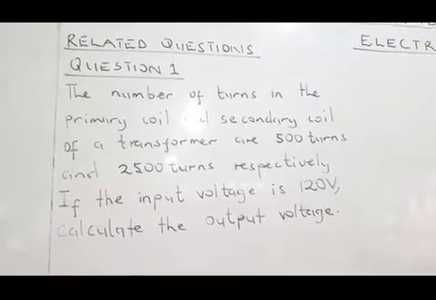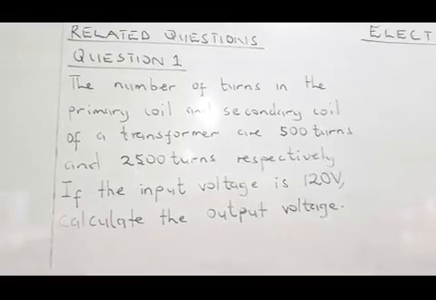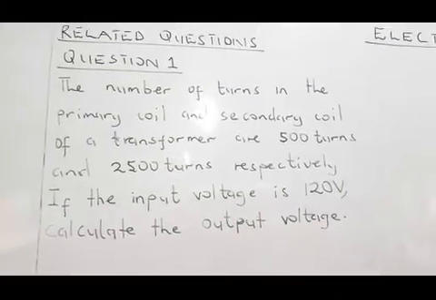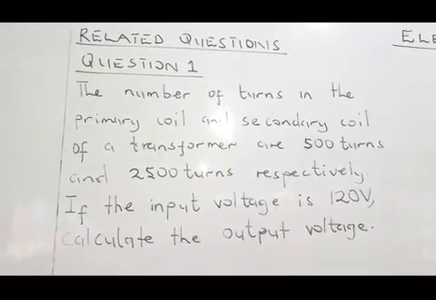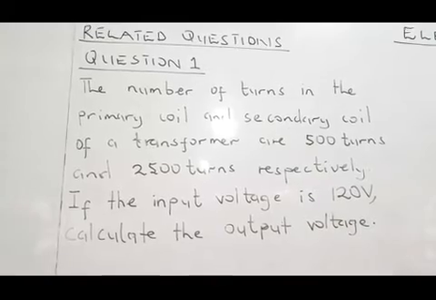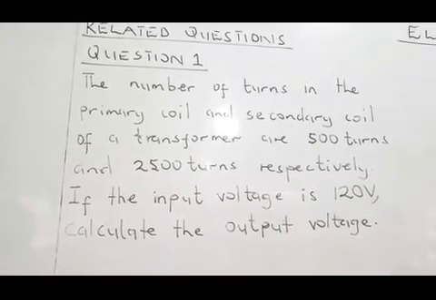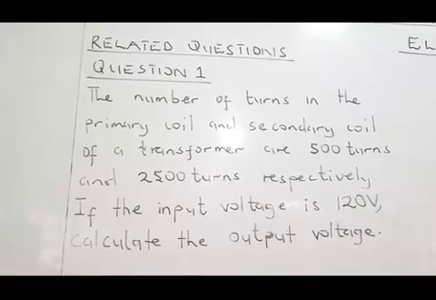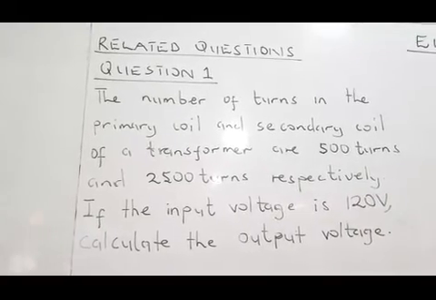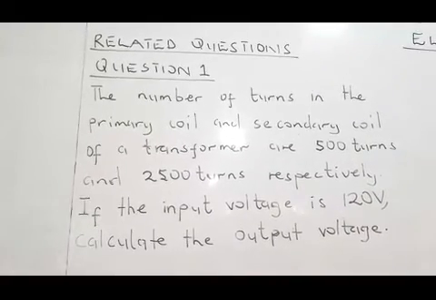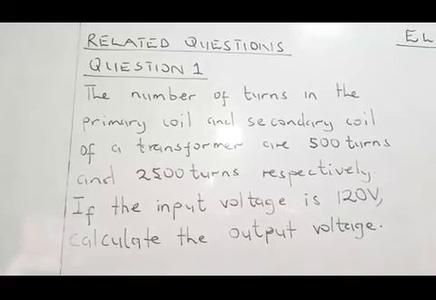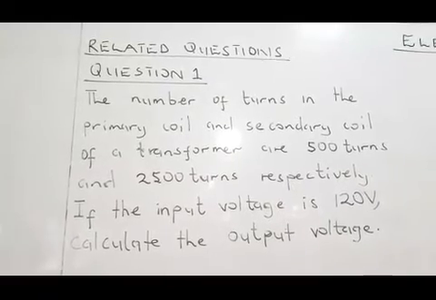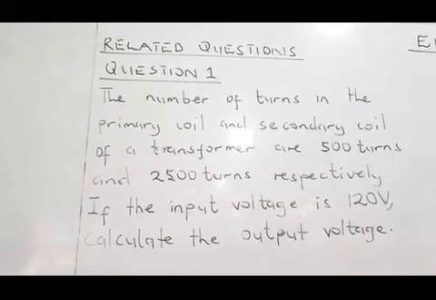Okay, so we're going to start looking at related questions. Question 1 says the number of turns in the primary coil and secondary coil of a transformer are 500 turns and 2500 turns respectively. If the input voltage is 120 volts, calculate the output voltage.